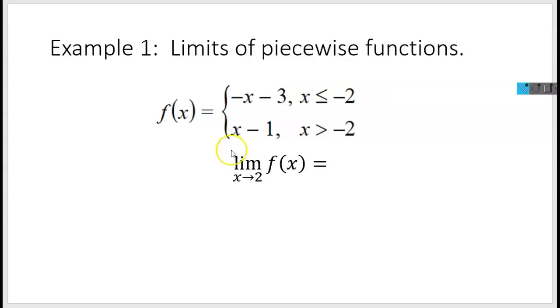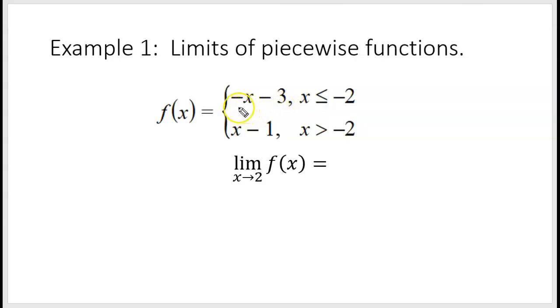Now that we know what direct substitution is and how to do it, basically you're just going to plug it in. We're going to practice doing direct substitution on this piecewise function. Piecewise functions are interesting. A piecewise function is a function that's broken up into pieces.